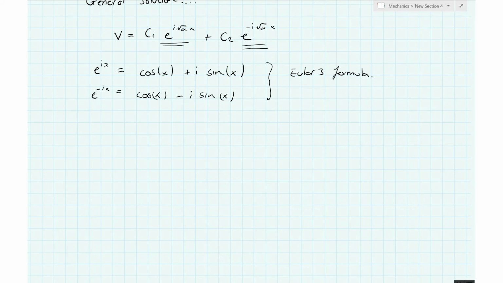That means e to the i times the square root of alpha times x, using Euler's expression, would be equal to the cosine of the square root of alpha times x plus i times the sine of the square root of alpha times x. And then similarly for the negative, e to the minus i square root of alpha times x.